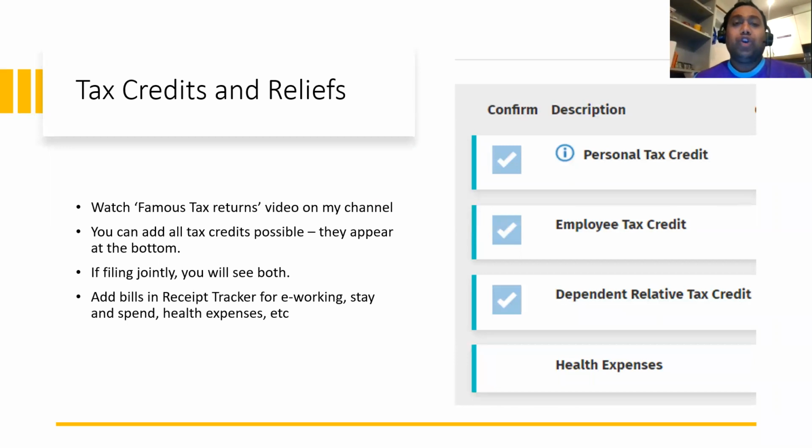In the fourth step, you'll be choosing your personal credits, health expenses, rental income in some cases if it's part of rent a room relief, and you'll also be seeing e-working data, stay and spend data, all kind of tax credits and reliefs you input here, and make sure that you have already uploaded the bills in receipt tracker for e-working, stay and spend, health expenses, tuition fees. Don't forget to add all your tax credit.